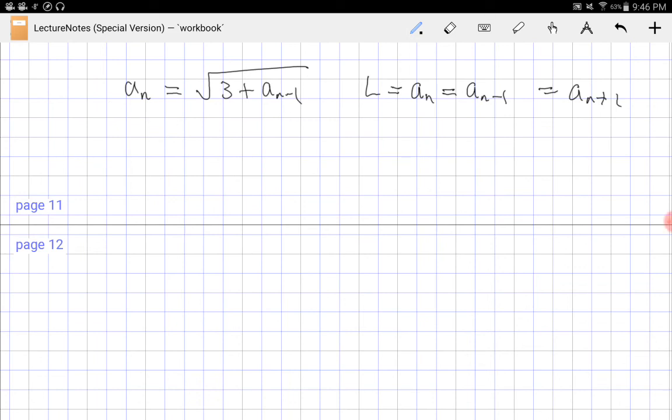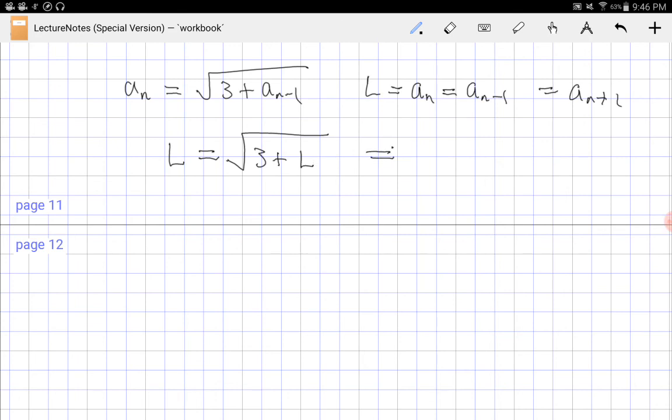Into our sequence term definition, we can say that the limit L is equal to the square root of 3 plus the previous term. So the current term, which is the same as the previous term, is equal to the square root of 3 plus the previous term.